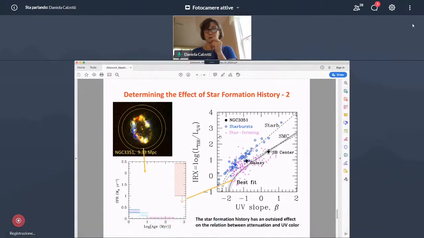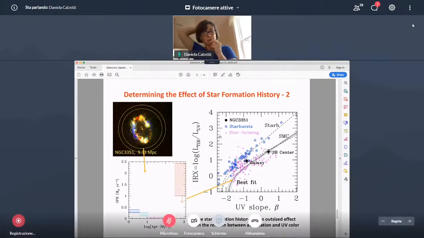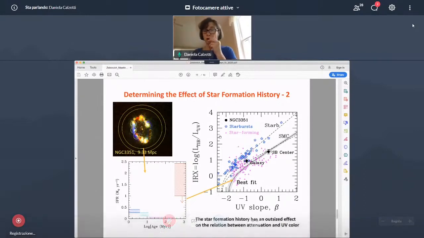Why am I remarking so much on this plot? This plot is extremely important because the UV slope is extremely easy to measure at all distances. Even JWST will be able to measure UV slopes of galaxies at redshift 10, while the infrared excess is unmeasurable for most, even with ALMA, even with some of the deepest ALMA observations, except for a few objects.